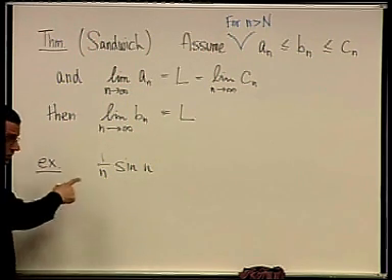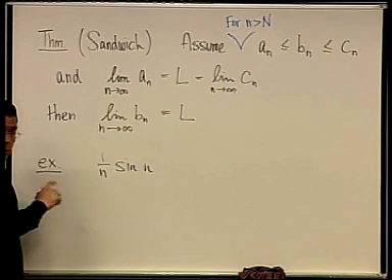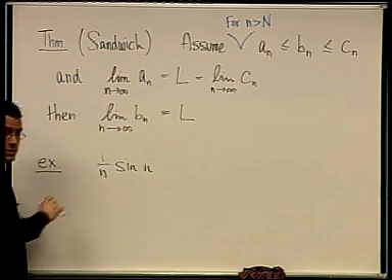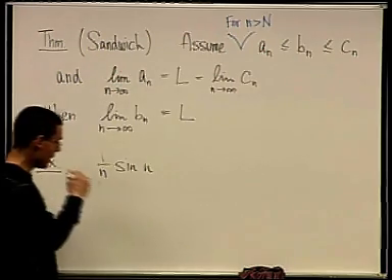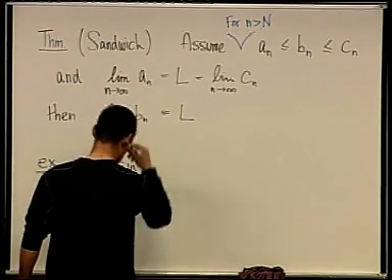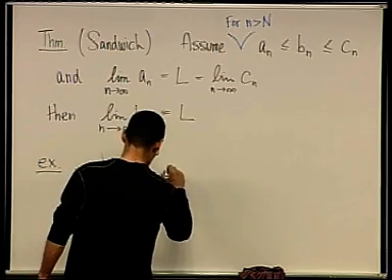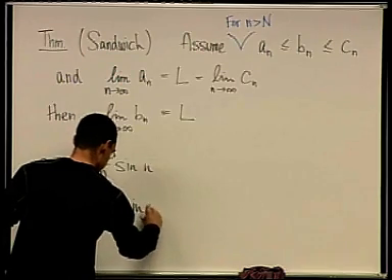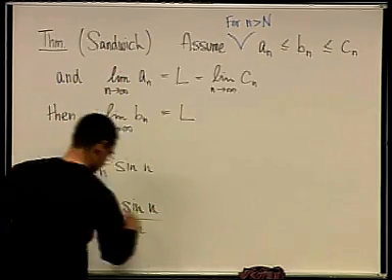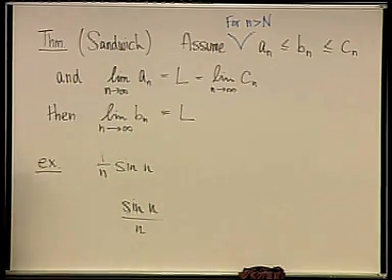So this is the exact same example we did a minute ago with bounded times a sequence that goes to 0. Let's do it with sandwich. So I'm going to rewrite it as sine n over n. Do you agree?